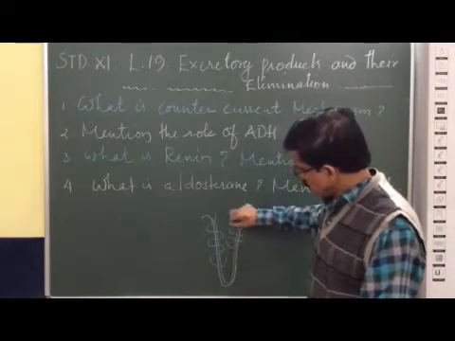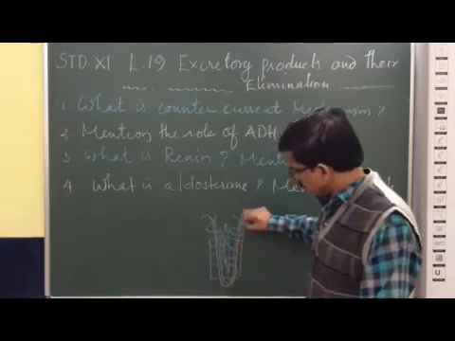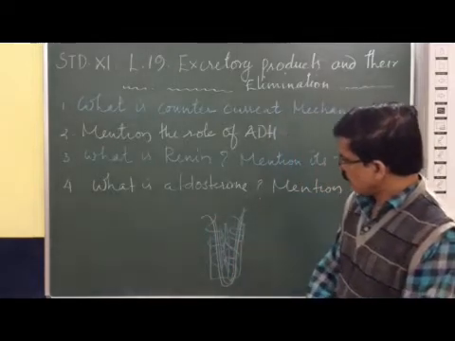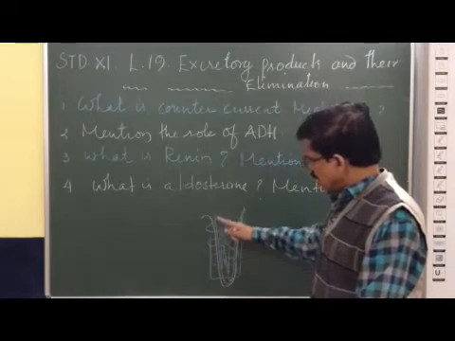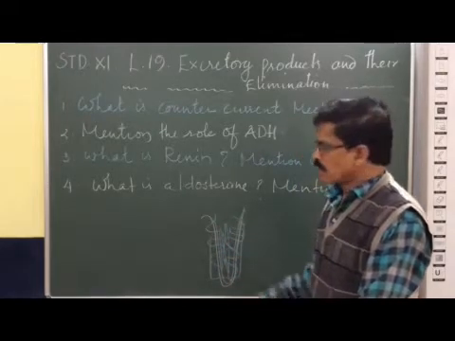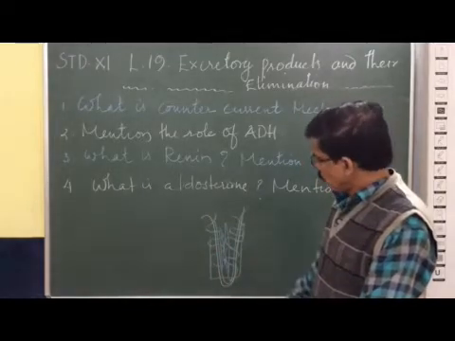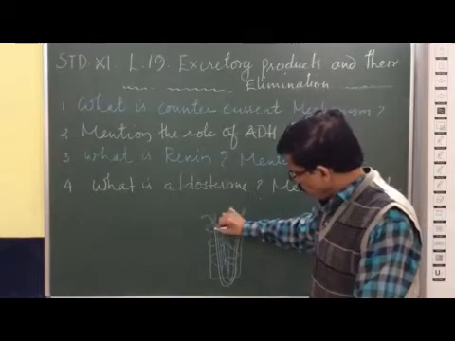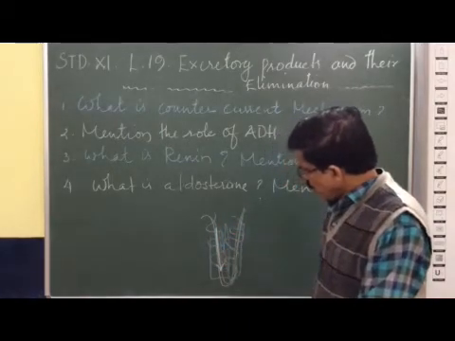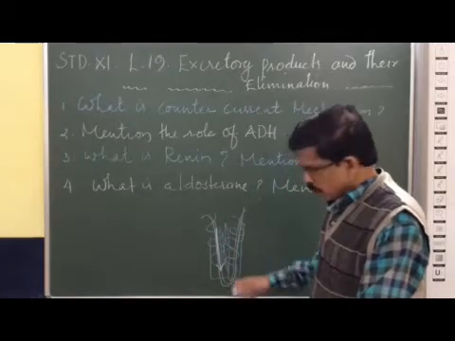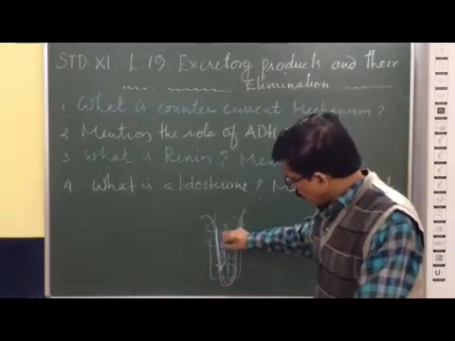These are the vasa recta blood vessels, which form a parallel network of blood vessels along with the Henle's loop. As I said, the filtrate passing through the descending limb of the Henle's loop and the blood flowing through the vasa recta are in opposite directions.